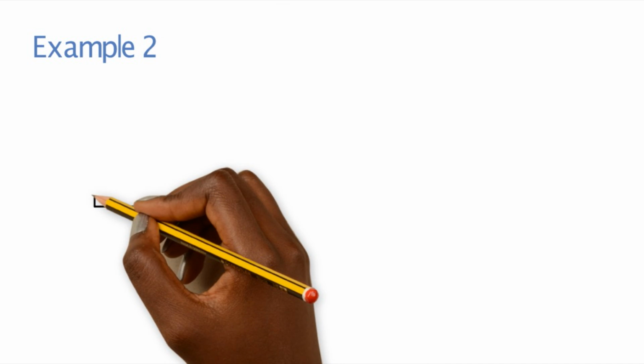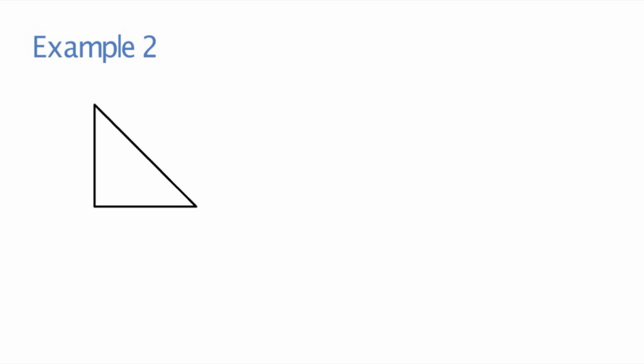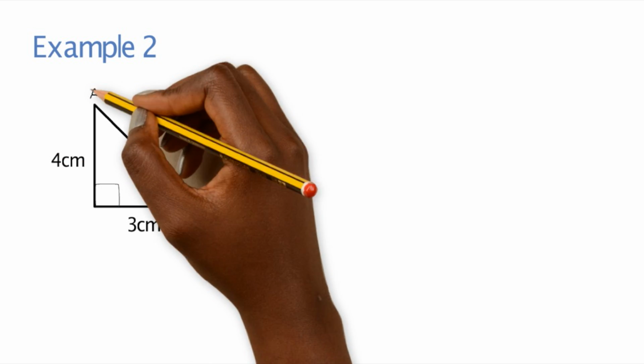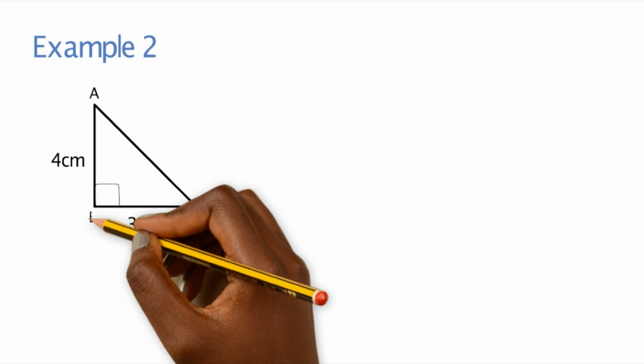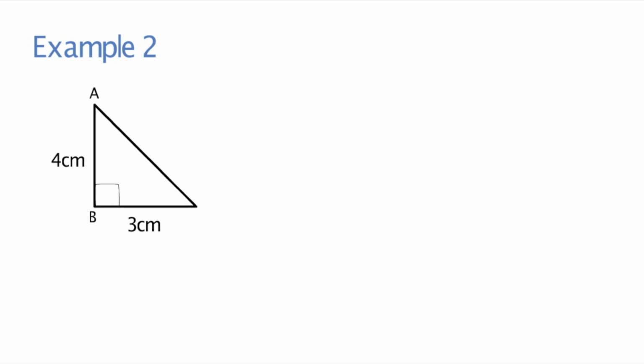So if we look at another example, again, we have a right angle triangle. One length is 3 centimeters, another length is 4 centimeters. Again, we're going to label it as A, B, and C, and we're working out a missing length.